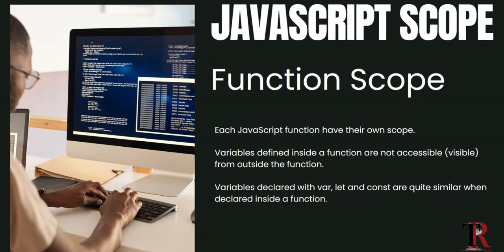So visibility allows you to know the scope of how variables in JavaScript behave. And in the last lesson, we talked about one of the scopes that we have in JavaScript, which is the global scope, by showing how variables can be available globally through your code.